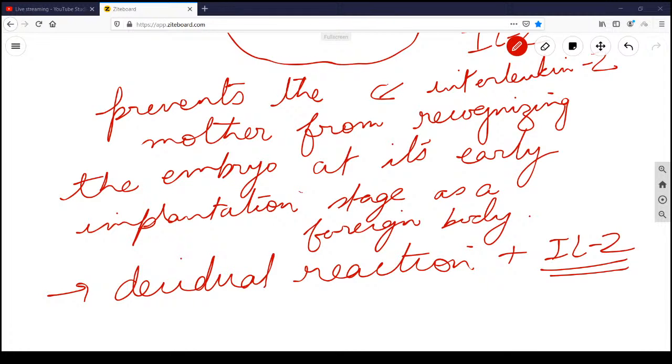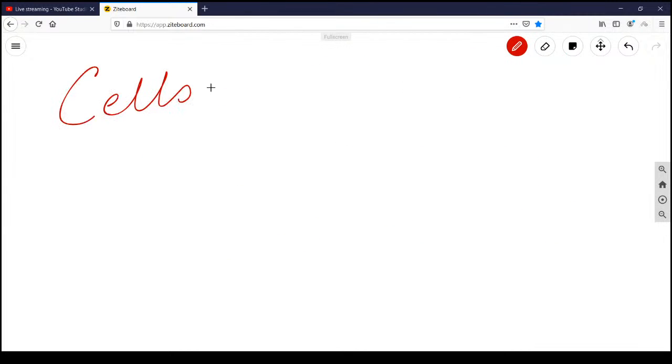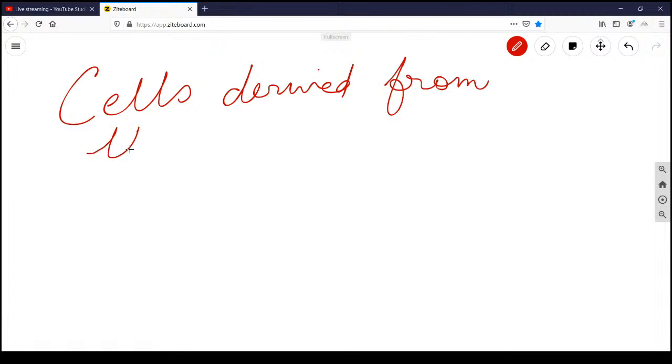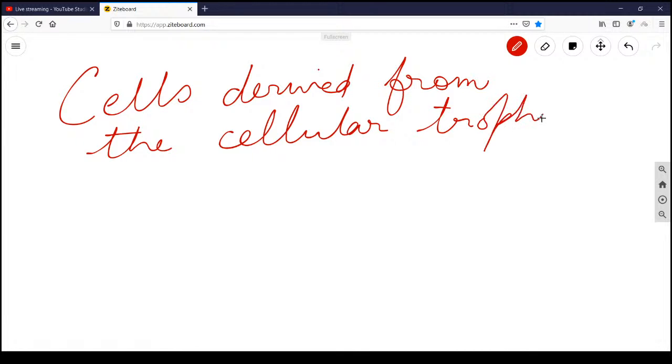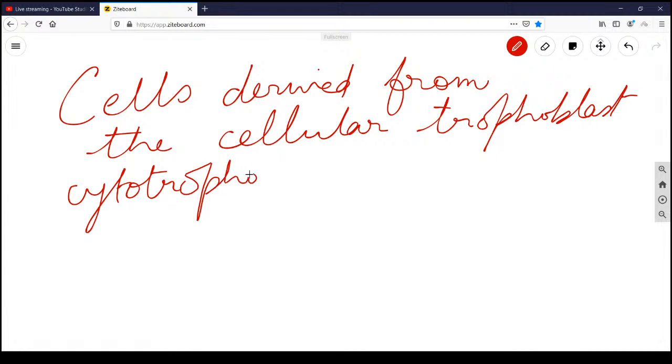The cells derived from the cellular trophoblast layer are known as cytotrophoblast.